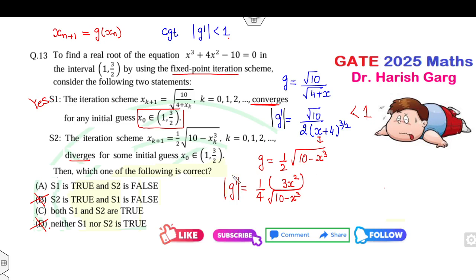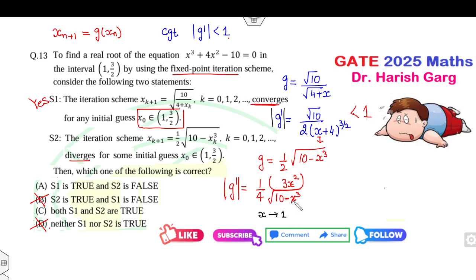Clear? Now again, it will be less than 1 when x is minimum, and because of this negative, x approaches 1.